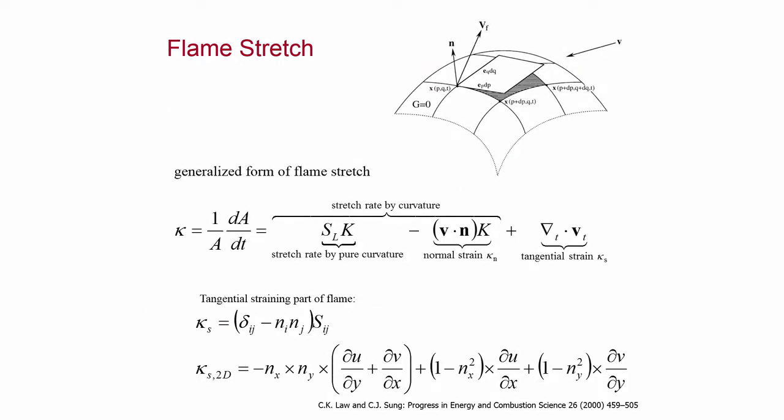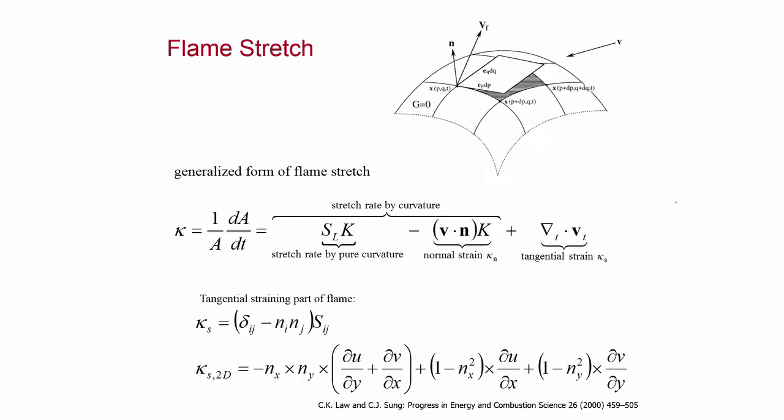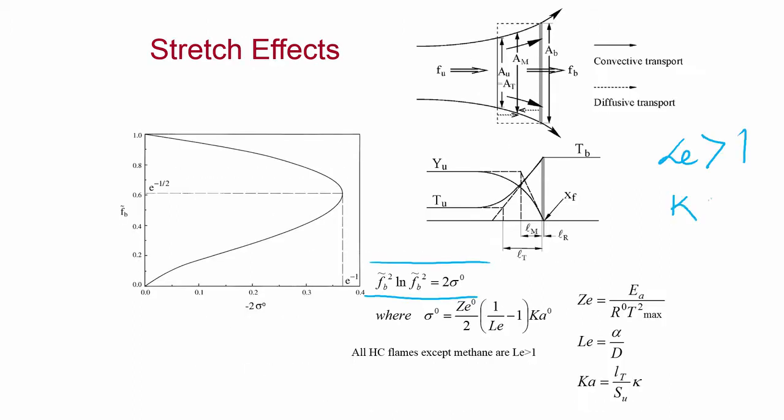So the heat loss at this state, e to the minus 1, is sufficient to cause flame extinction. You also discussed the concept of stretch: you have exactly the same analysis and result as with heat loss, because for a Lewis number greater than 1, if the stretch kappa is greater than 0, then you have heat loss and this kind of extinction behavior.